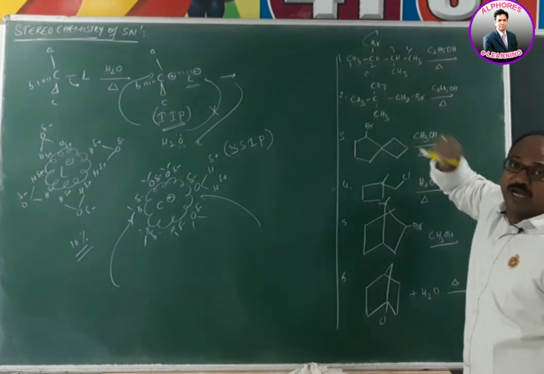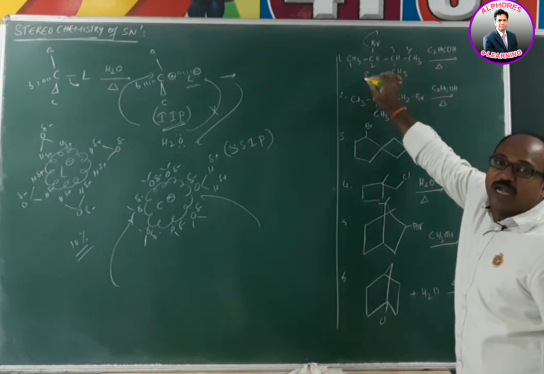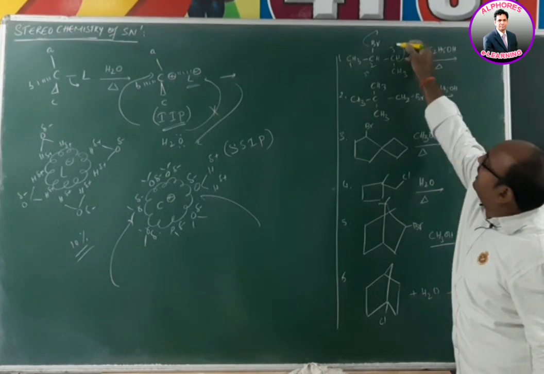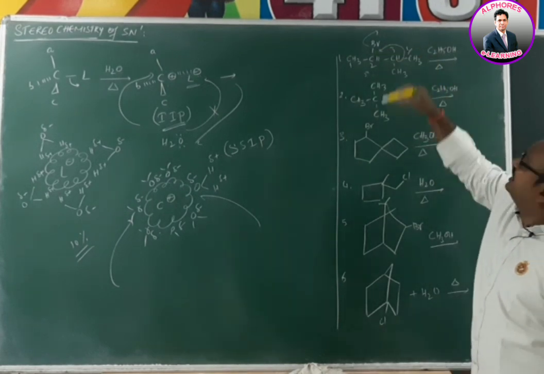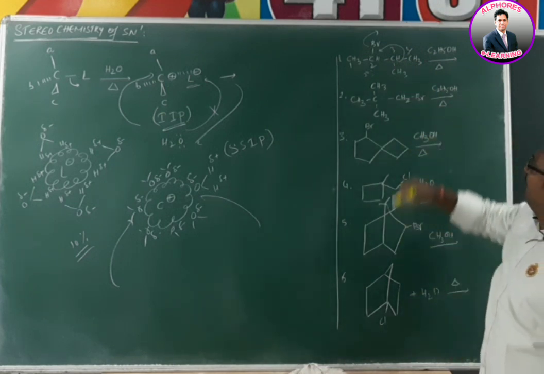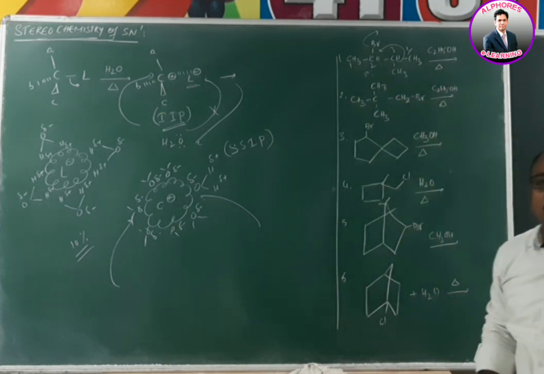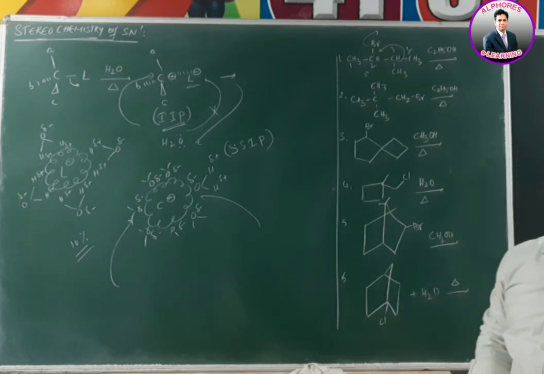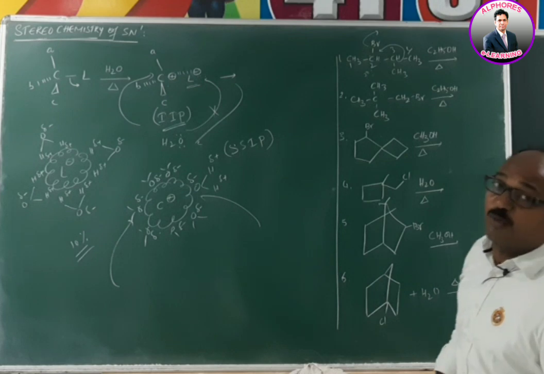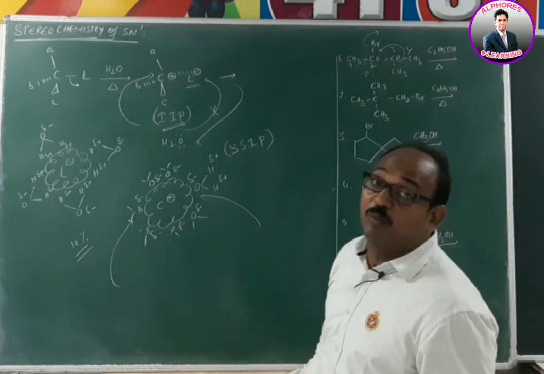Secondary carbocation is somewhat stable, but here what happens? A hydride shift takes place. By shifting of this hydride, the secondary carbocation is converted into a tertiary carbocation. So in this reaction there is a possibility for two carbocations, one secondary and another tertiary. Compared to the secondary carbocation, the tertiary carbocation is more stable.